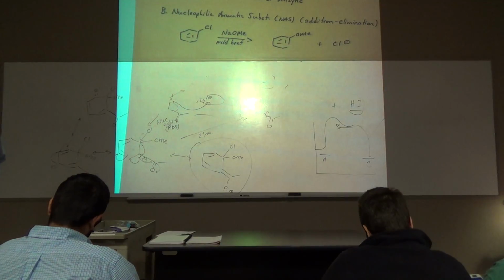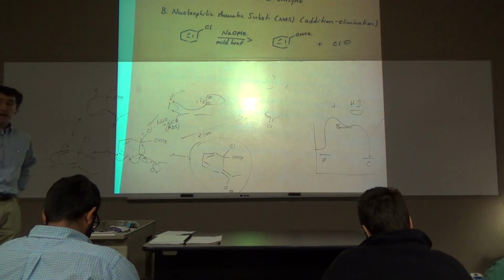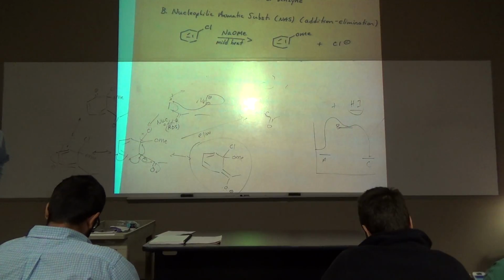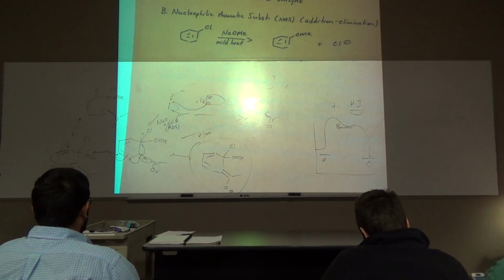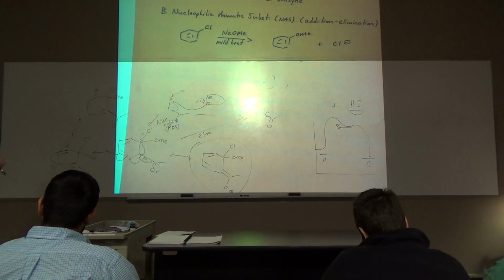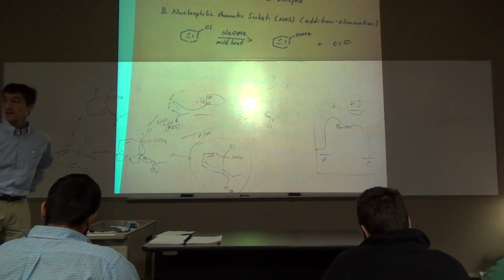SN1, SN2 have very strict leaving group requirements. Halogens or tosylate, right? In this mechanism, just about anything that can hold a negative charge will be able to leave. Can oxygen hold a negative charge? If you've ever seen it with a negative charge, it can leave here. Have you ever seen oxygen with a negative charge? Yes. All the time, hydroxide.